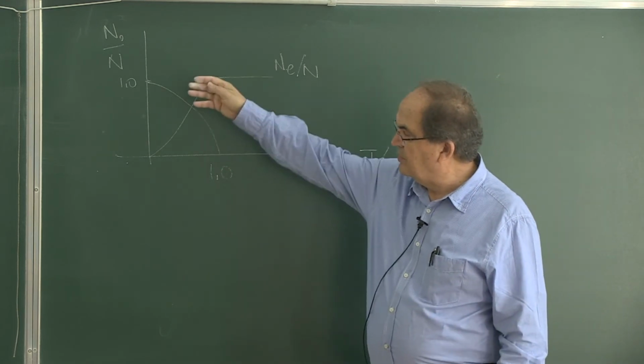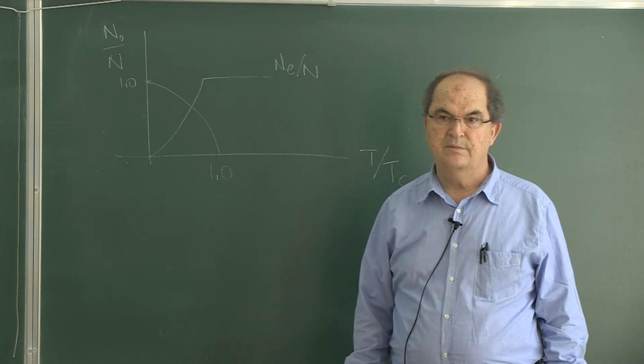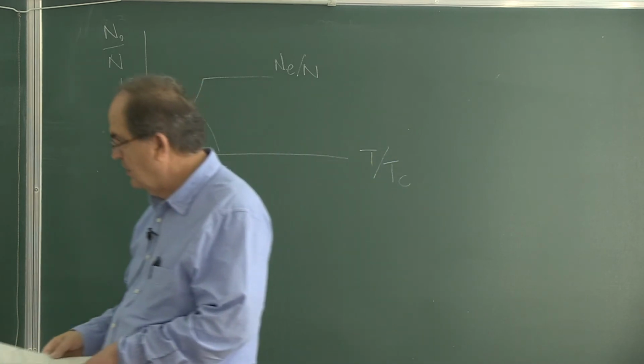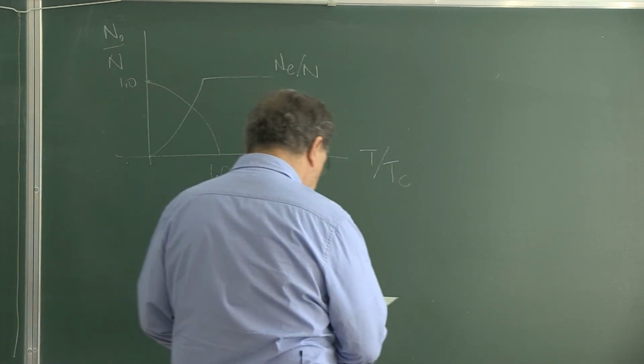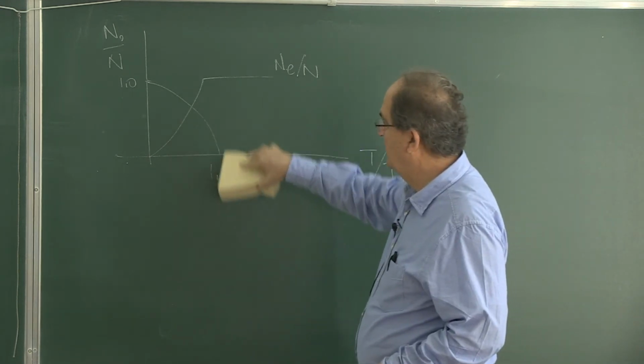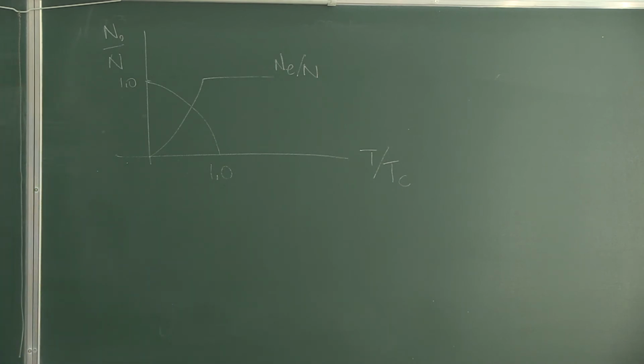When the occupation of the ground state starts, you have the Bose-Einstein condensation. There is a singularity at T equals Tc. All of a sudden, the second phase starts.